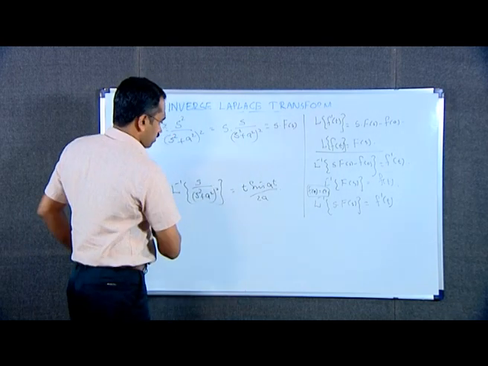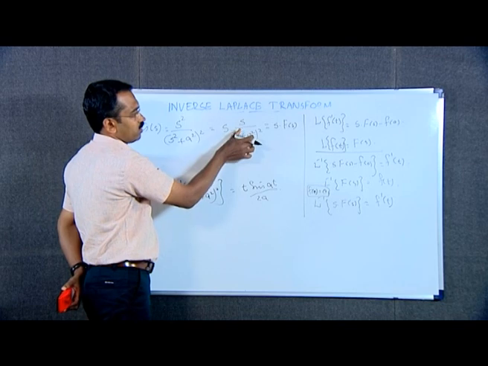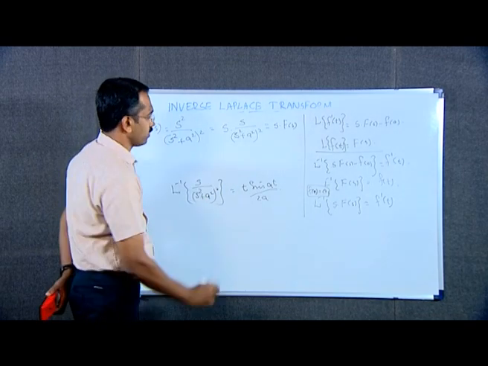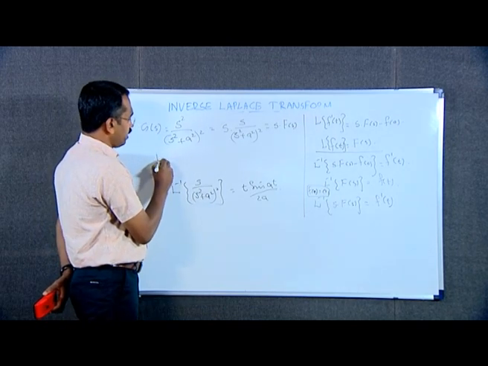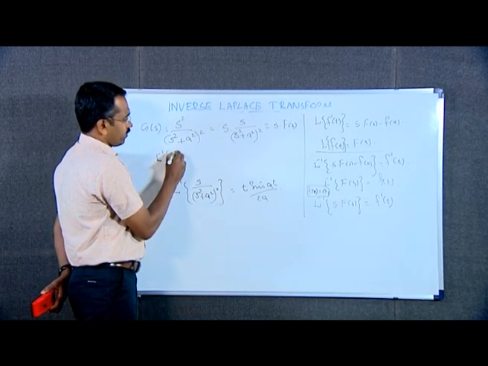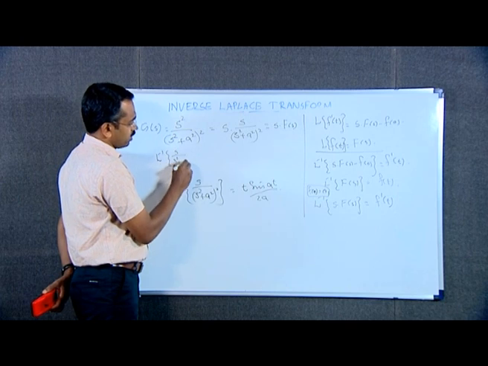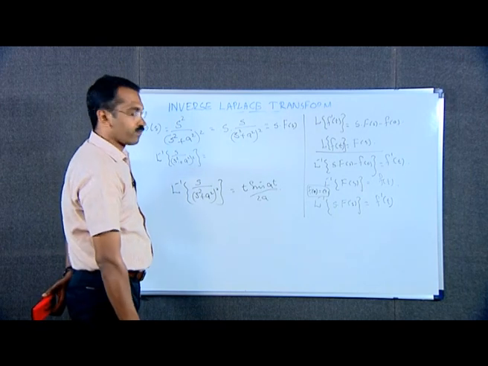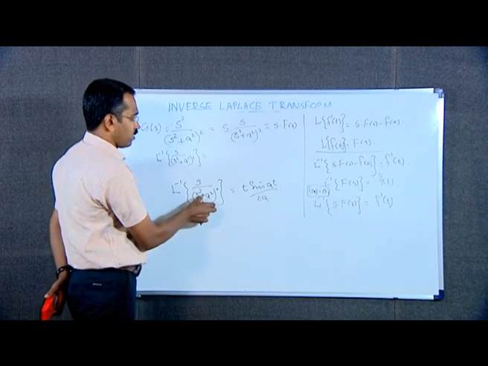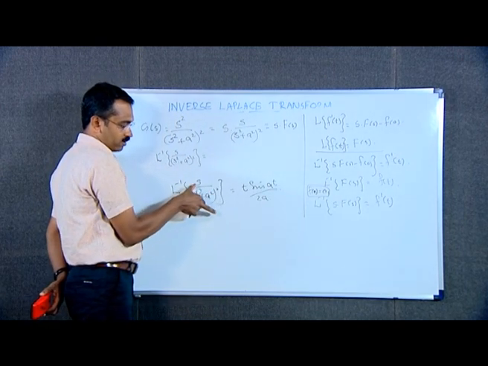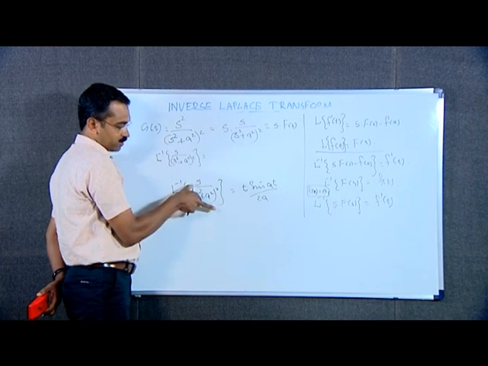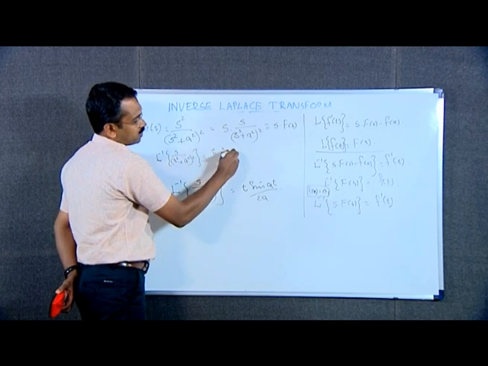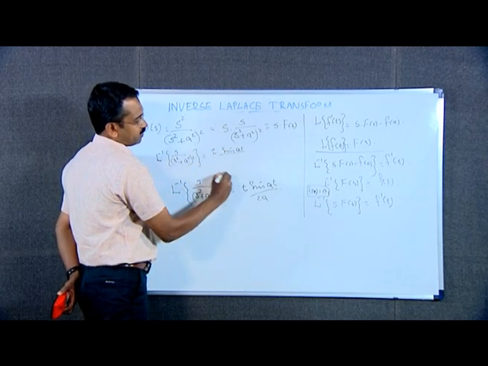Here, take F of s as s by s square plus a square the whole square, meaning L inverse of s by s square plus a square the whole square is equal to, in the previous problem we found that L inverse of s by s square plus a square the whole square is equal to t into sin at divided by 2a.